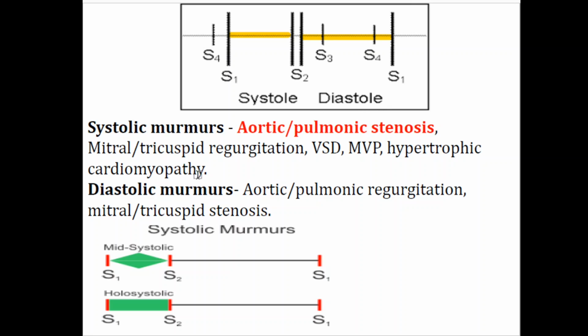Now, we have different kinds of systolic murmurs and we have different kinds of diastolic murmurs. Systolic murmurs are typically seen in aortic and pulmonary stenosis, mitral and tricuspid regurgitation, VSD, MVP, hypertrophic cardiomyopathy, and diastolic murmurs are seen in aortic and pulmonary regurgitation and mitral and tricuspid stenosis.